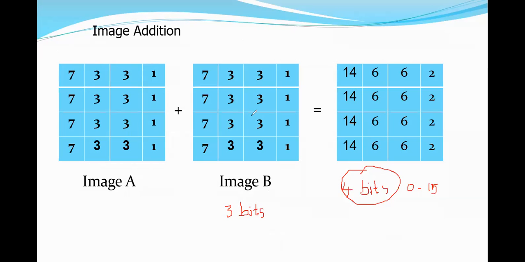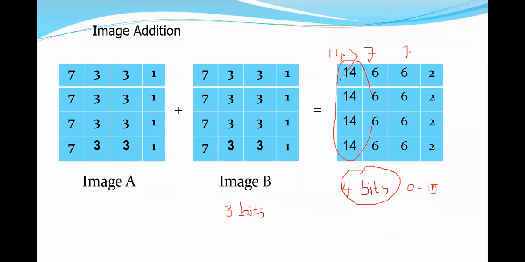So after addition, if you observe here for very first column, we are getting value which is greater than 7, right? 14 is greater than 7. So if we are using 3 bits per pixel to represent the image, in that case, all the values above 7, those are truncated to 7.